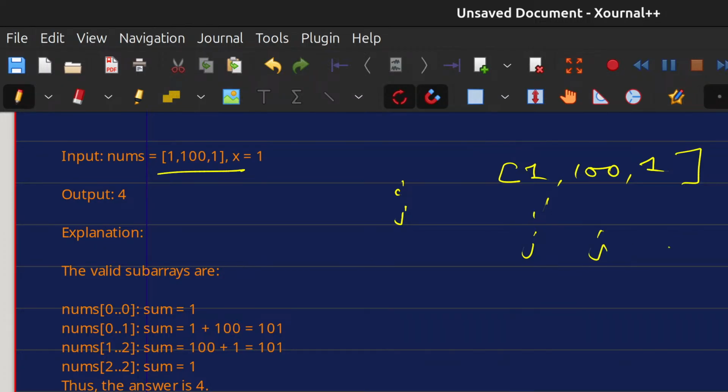Then j is here, it is 102, it's not valid.